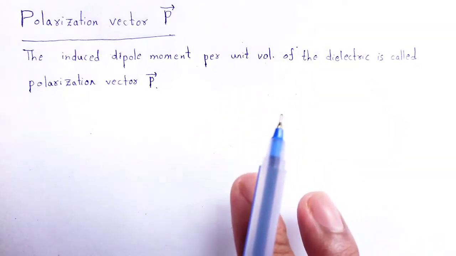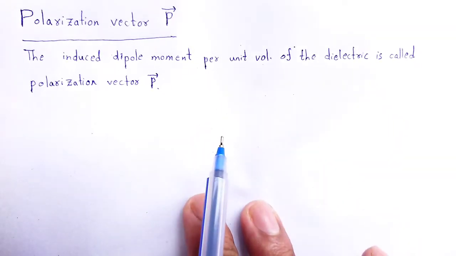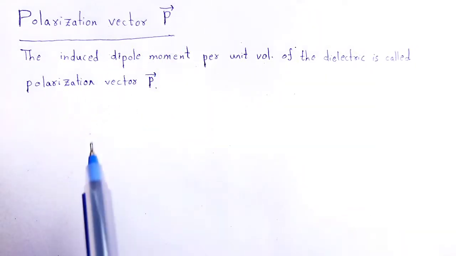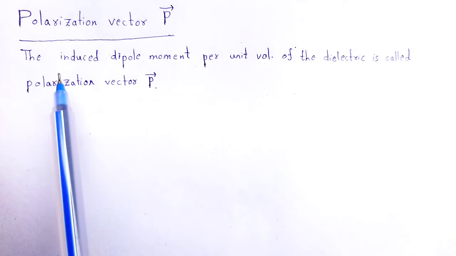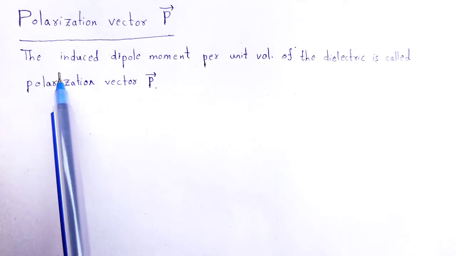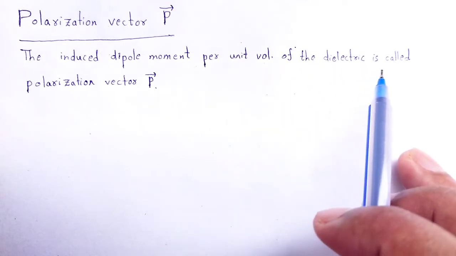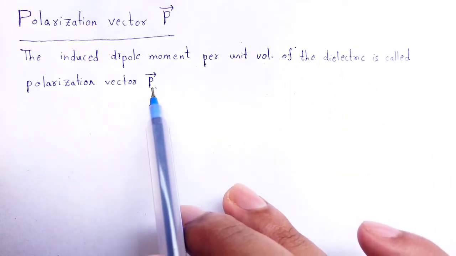To define that polarization, a term is introduced which is known as polarization vector P. So, the induced dipole moment per unit volume of the dielectric is called polarization vector P.